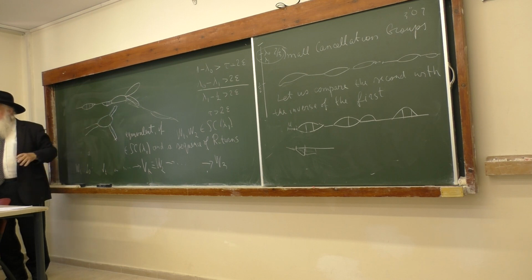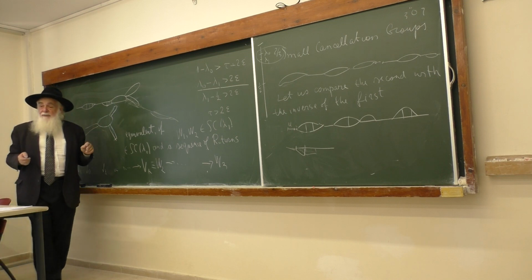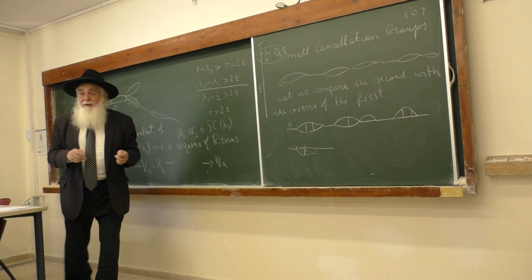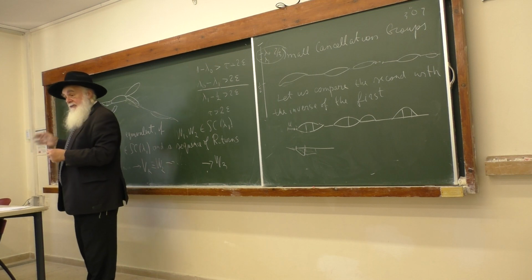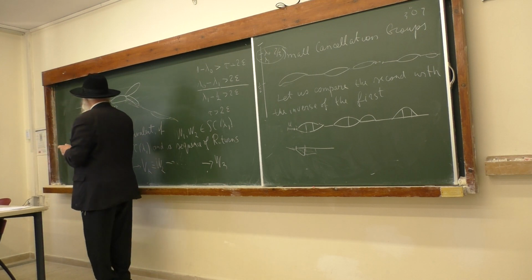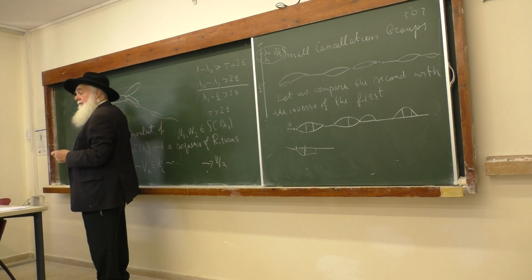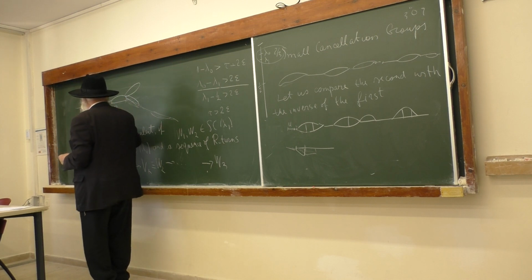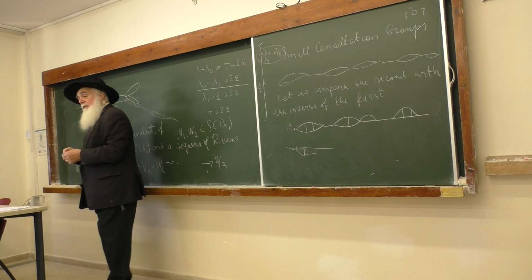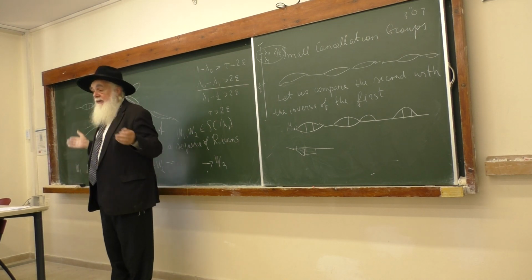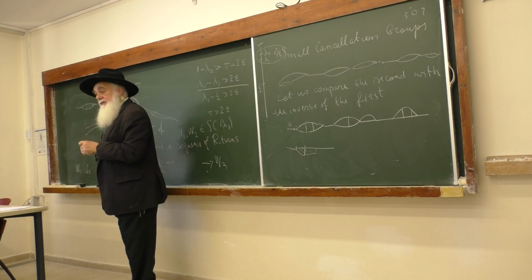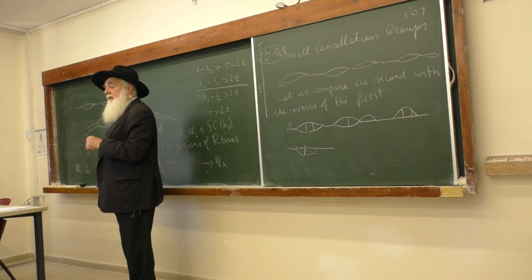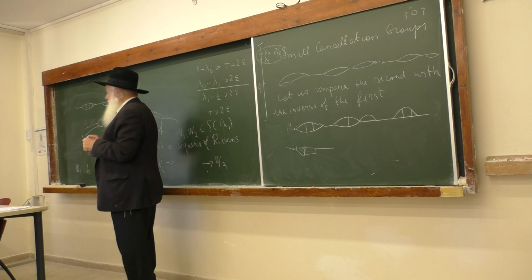So in any case, we may include or not include this cell depending on the numbers which we meet here. For example, here this was very big, so we will not include this, only this. It could be that we might include both of them or just one, depending on the length.